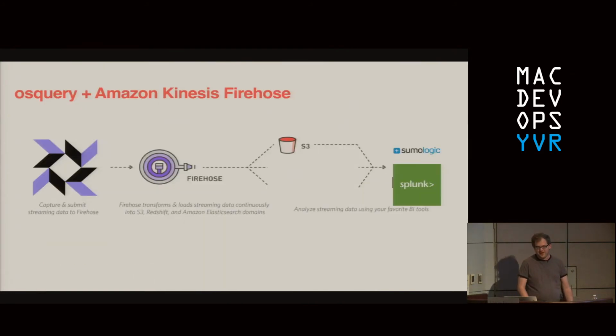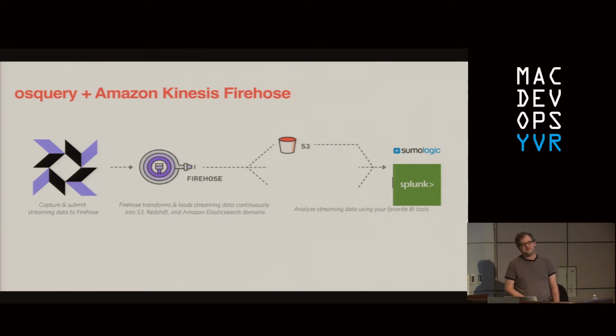So if we combine Osquery and Kinesis Firehose, we can end up with something pretty good. I've done an amazing job photoshopping this. But Osquery now has Kinesis support built in.